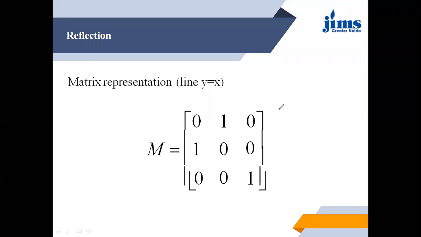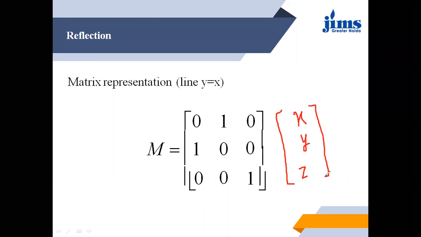Let me show you this also. Suppose this is X, this is Y, and this is Z. So now in this case, from the first row and this column, it will be Y. From the second row and this column, it will be X. Sorry, it is not Z, it is 0.